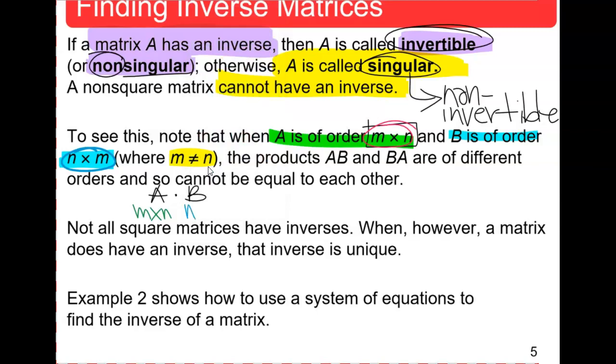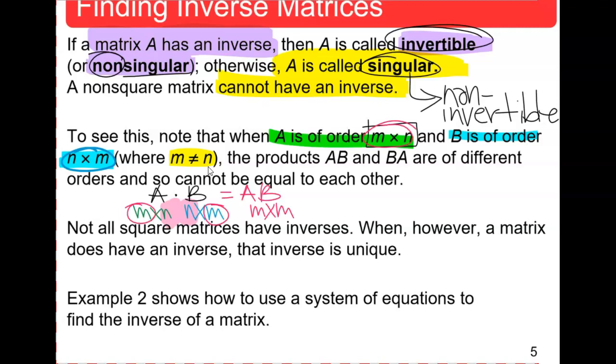Remember, to make sure multiplication is possible, we have to verify that the two numbers in the middle match: the number of columns of A with the number of rows of B. Since that is true, the product is going to be of order m by m.